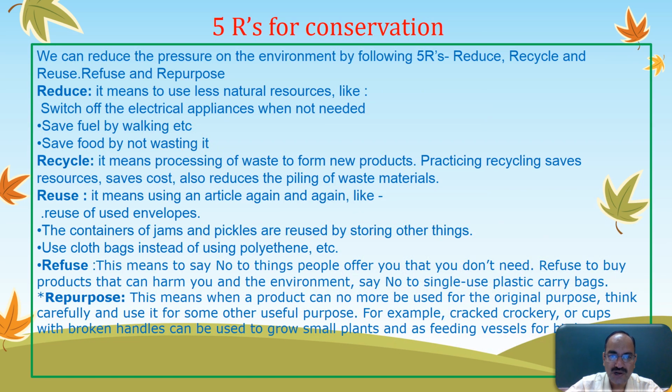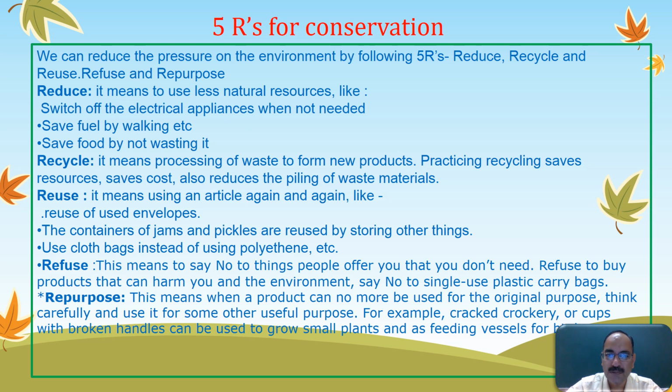One strategy for sustainable development of natural resources is the application of the 5 R's. So, what are those 5 R's? Reduce, recycle, reuse, refuse, and repurpose. In reduce, we minimize the use of natural resources.